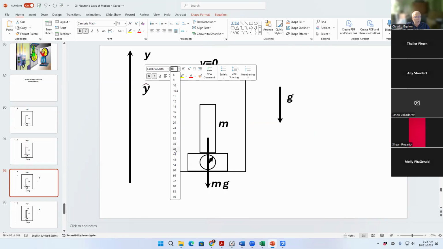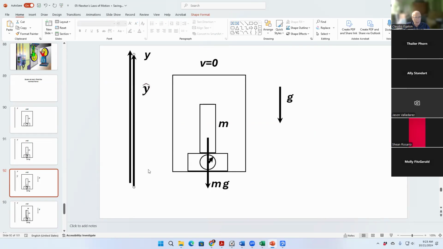In this specific case, the y hat is upwards, but the g vector is downwards. Because y hat is upward and the g vector is downward, it must have a minus sign in front once we multiply it by y hat. That's how we do that.